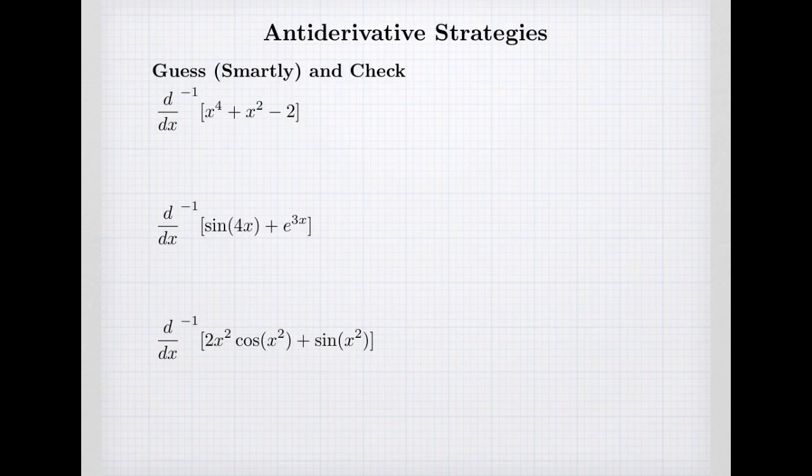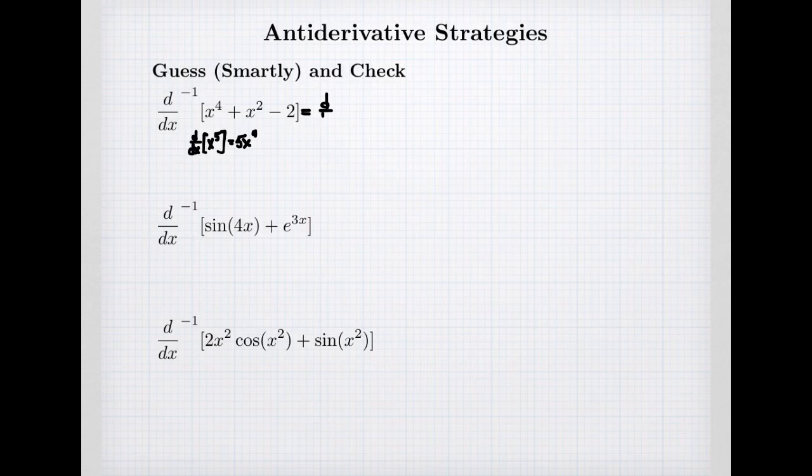So I write it down. It had to come from x to the fifth. The derivative of x to the fifth is 5x to the fourth. The only problem is I don't have a 5. So I will put it in.